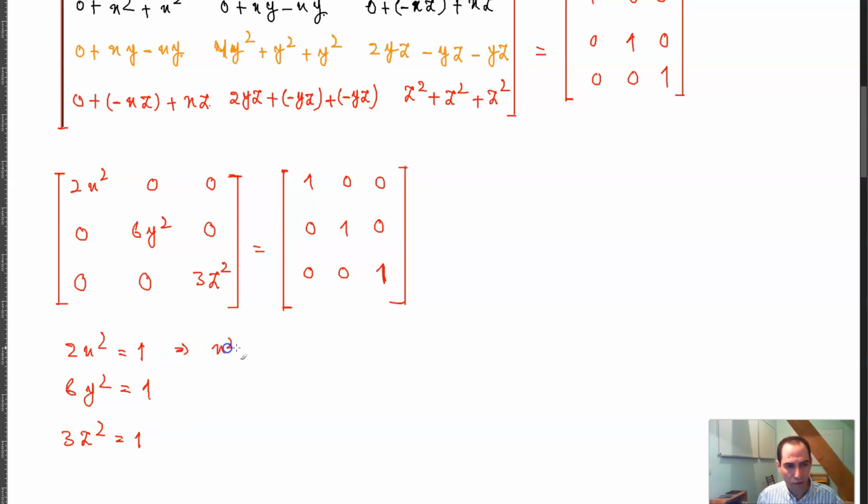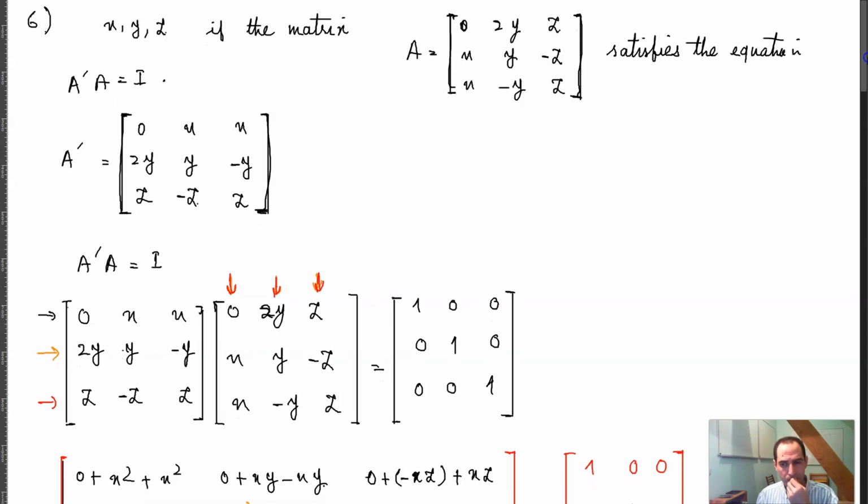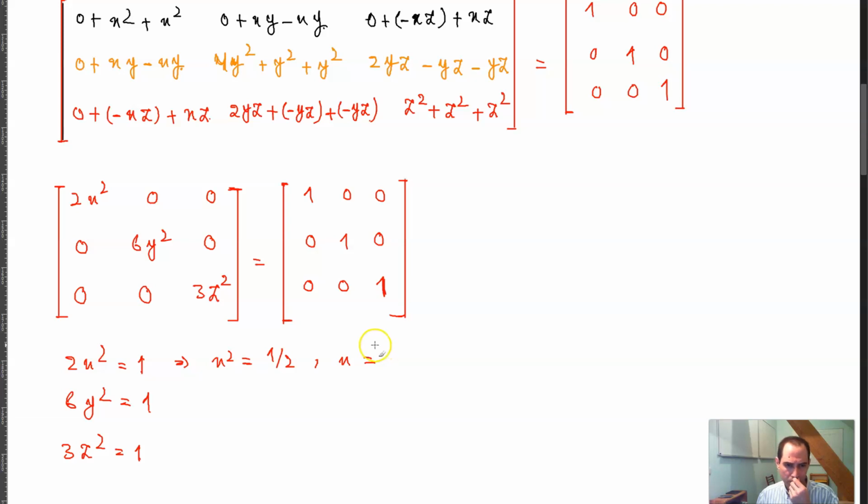This means that x squared is equal to 1/2, which means that x is equal to 1 over square root of 2, or square root of 2 over 2. I'm not sure how they have actually answered this question. Let me see.